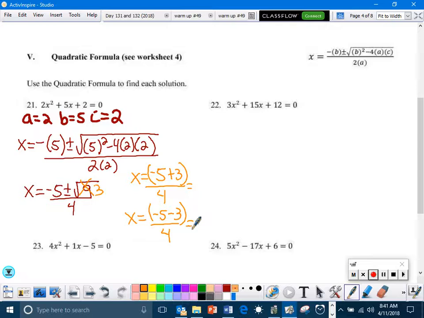So the first answer is a decimal. And the second answer is negative 2. All right, number 22.